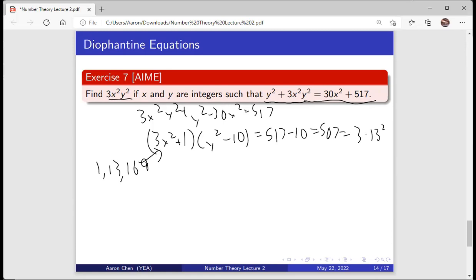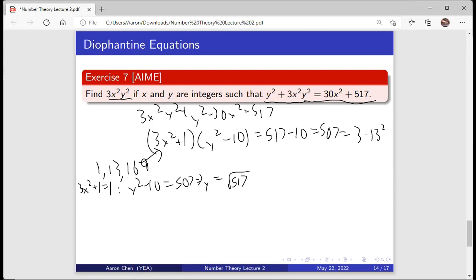So first of all, if 3x squared plus 1 equals 1, then you can see that y squared minus 10 would have to be 507, and then y would be the square root of 517.